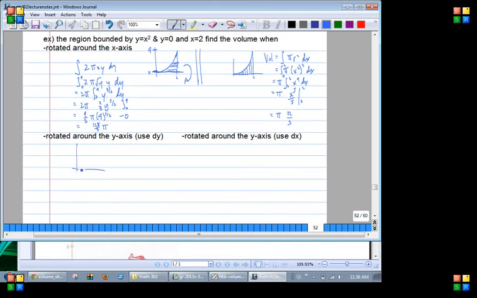So now we're going to rotate it around the y-axis. So on one hand, you could make horizontal slices, and then what? And then the volume will be what? Visualize it. When you take horizontal slices and you rotate them around the y-axis, what shape will you get?